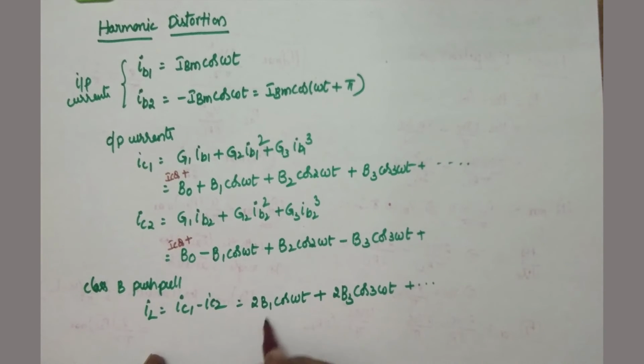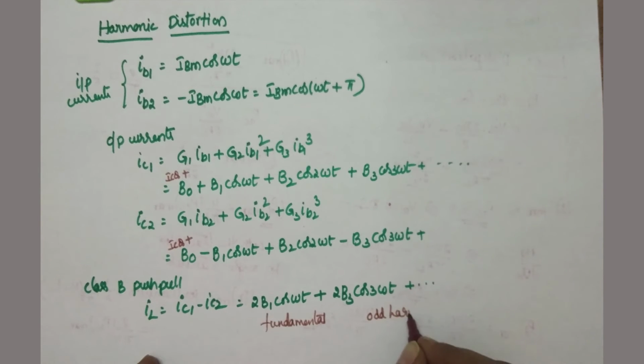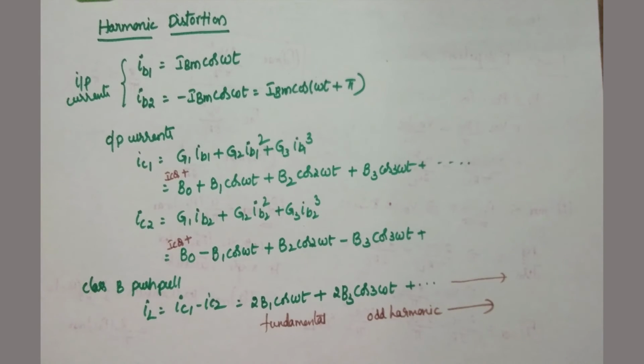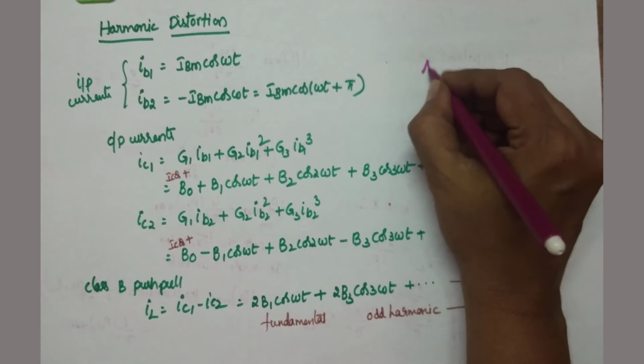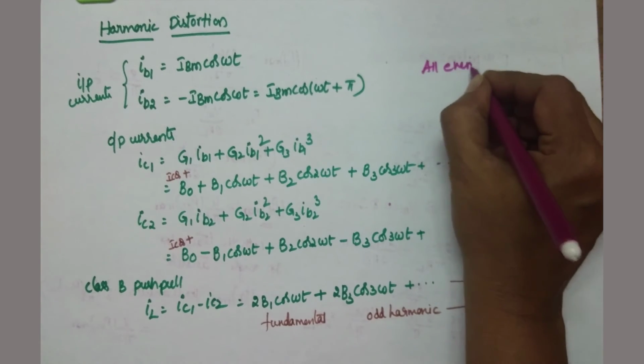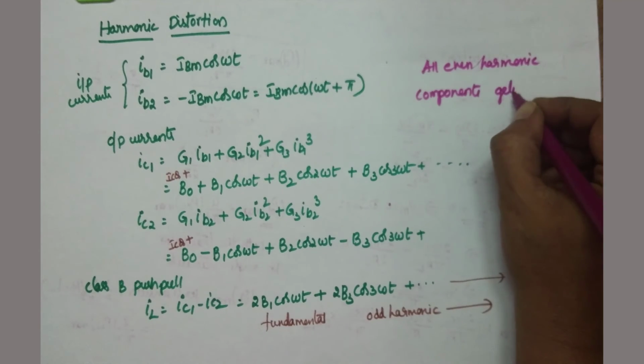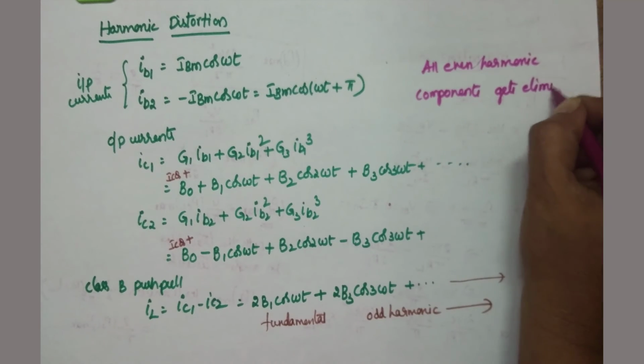What is this? This is the fundamental. And this is odd harmonic. It goes on, you're going to get odd harmonics. What does it mean? It means all even harmonic components get eliminated.